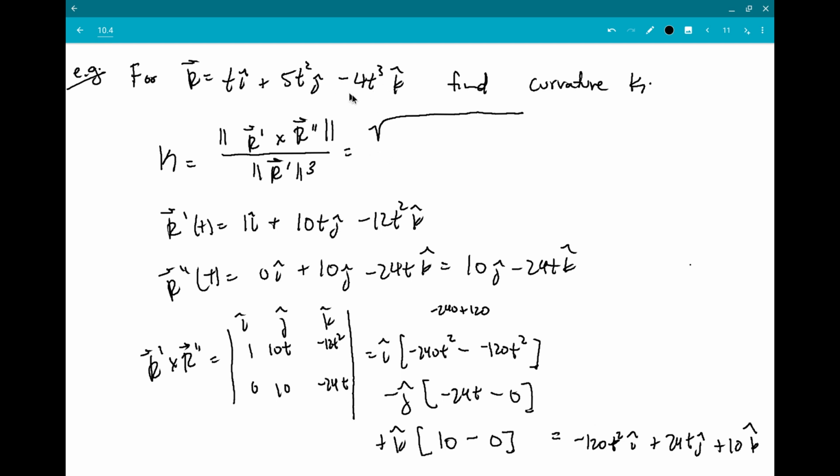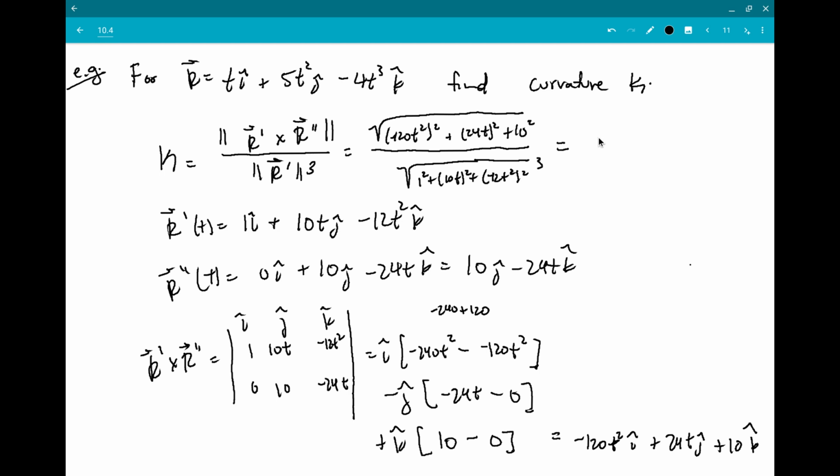It's going to be the square root of minus 120t squared, squared, plus 24t squared, plus 10 squared, divided by the magnitude of r prime, take it from right here, 1 squared plus 10t squared plus negative 12t squared squared, and then cube all that.